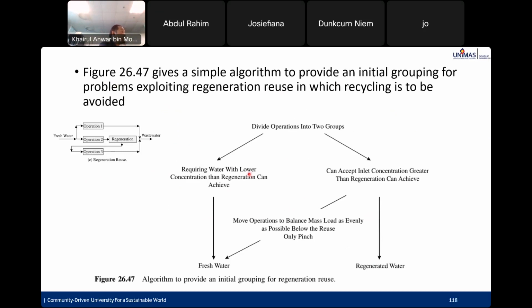First is requiring water with lower concentration than regeneration can achieve. Second one can accept inlet concentration greater than regeneration can achieve. Regenerated water. From here, you have more information to balance the mass load as evenly as possible below the reuse pinch.